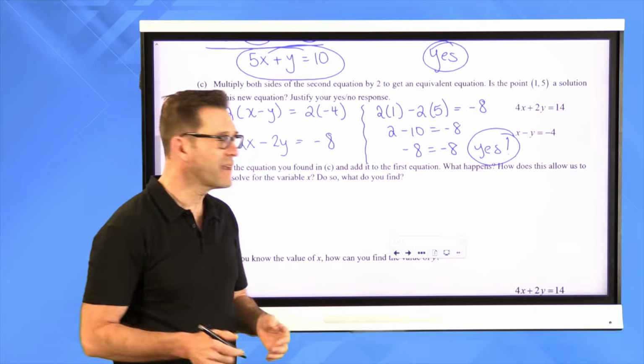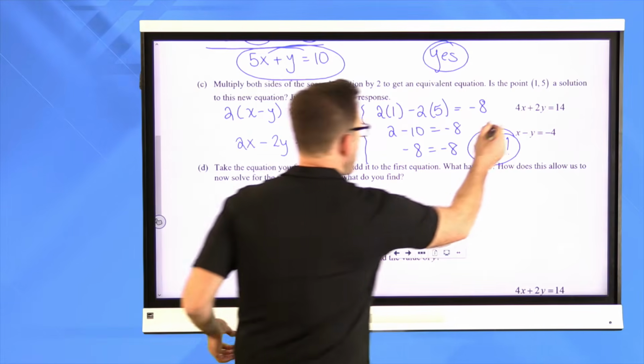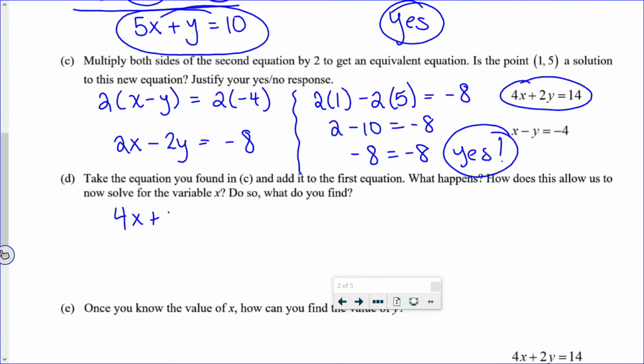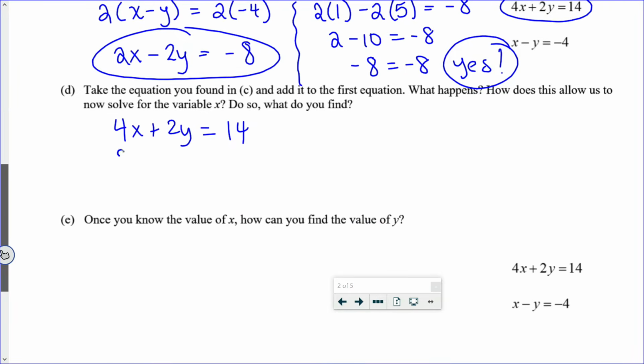So what I'd like to do now, or what this problem tells me now, is to take the first equation, 4x plus 2y equals 14, and add it to the new equation that I produced in letter C, 2x minus 2y is equal to -8. Right? So when I add these two together, 4x plus 2x is 6x, and now this is very important.